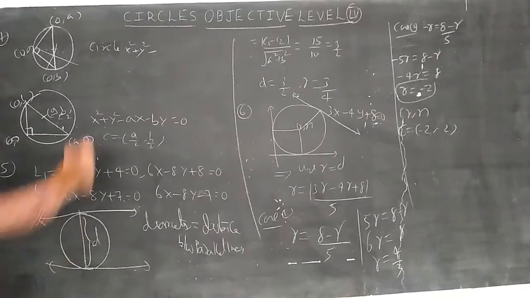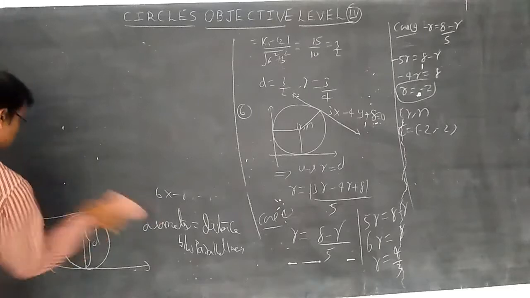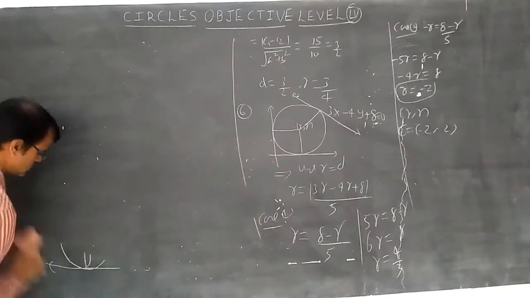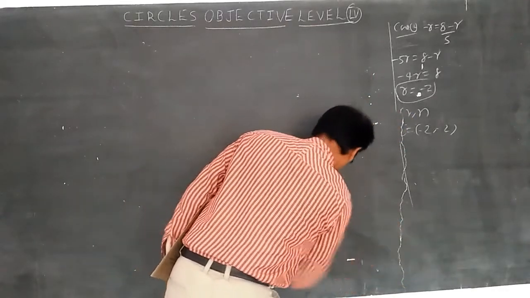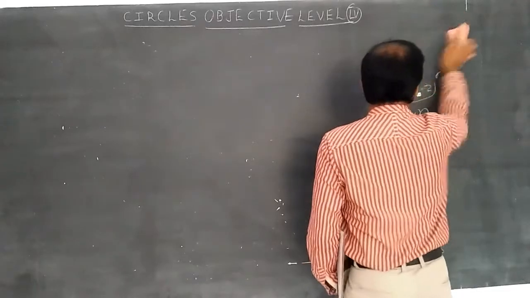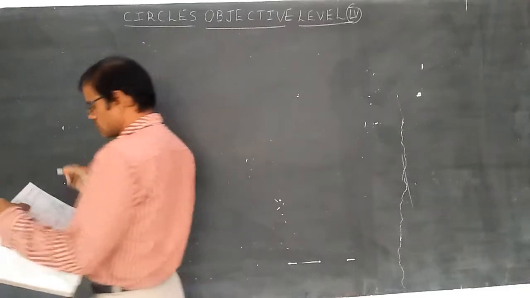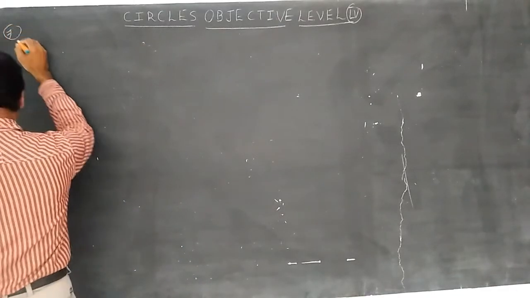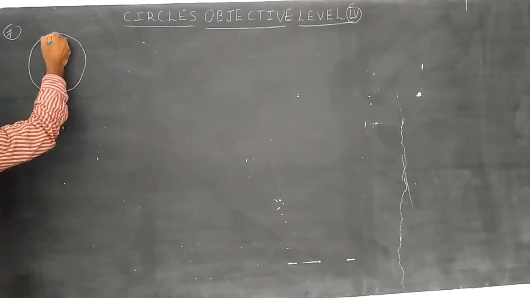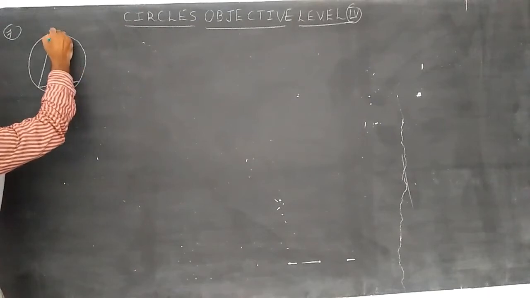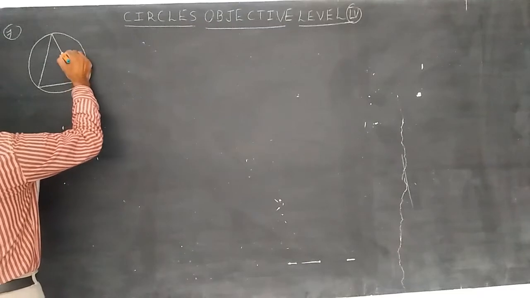Okay, let us discuss the seventh question. The equation of the circle circumscribing the triangle whose sides are y equal to x plus 2.